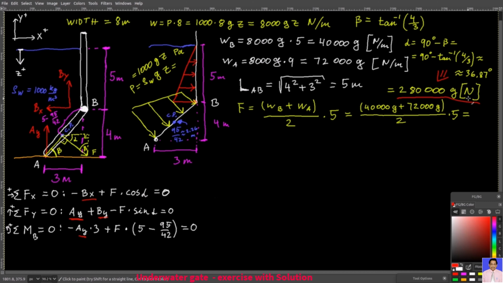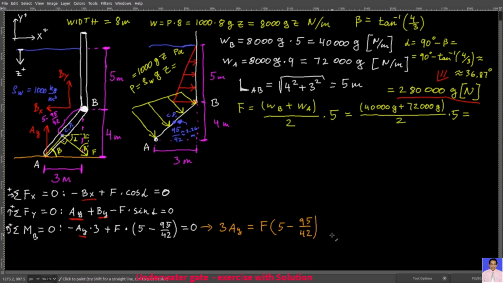280,000 times g newtons. So I'm going to take this third equation, I'm going to rewrite it like this, and so instead of having 3 here, I'm going to put it down here. And so if you make the calculations, then you will have Ay equals this result here. Then the first equation gives you Bx equals F times cosine alpha.